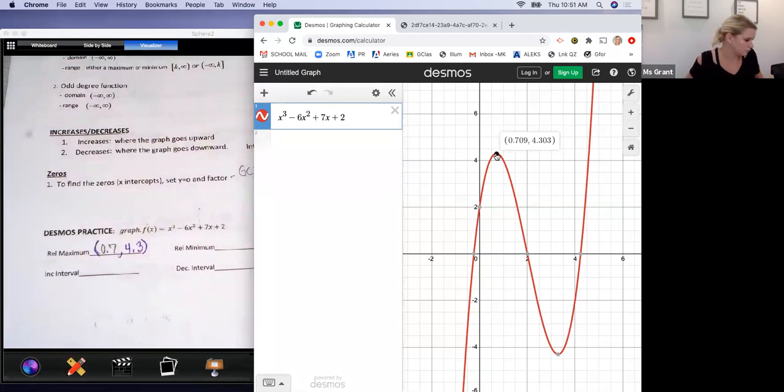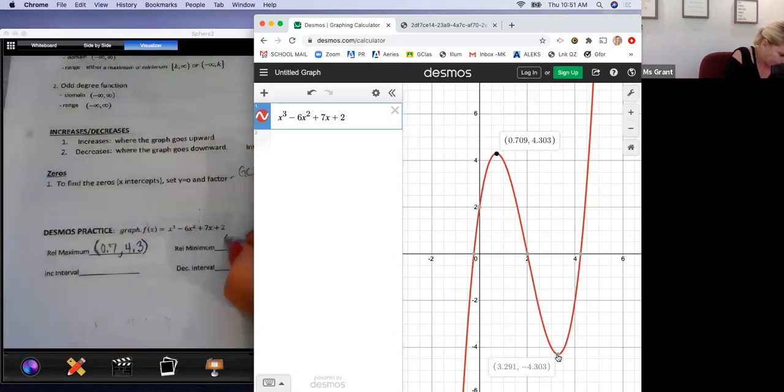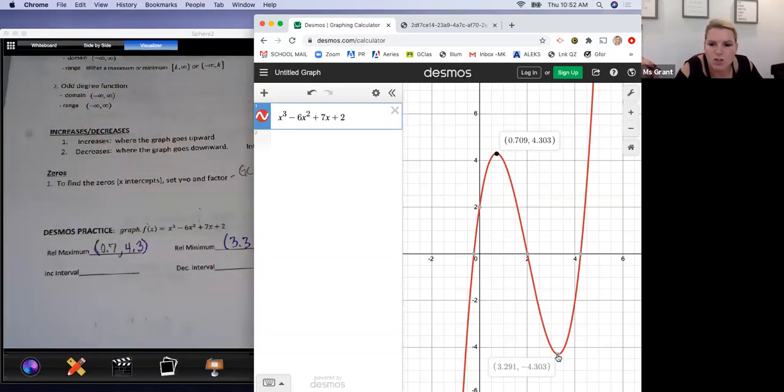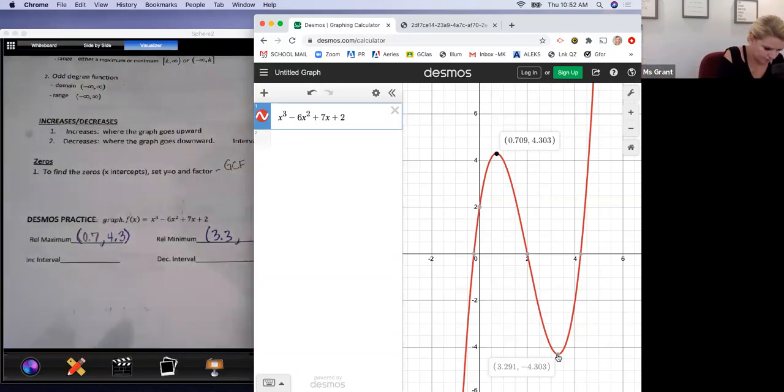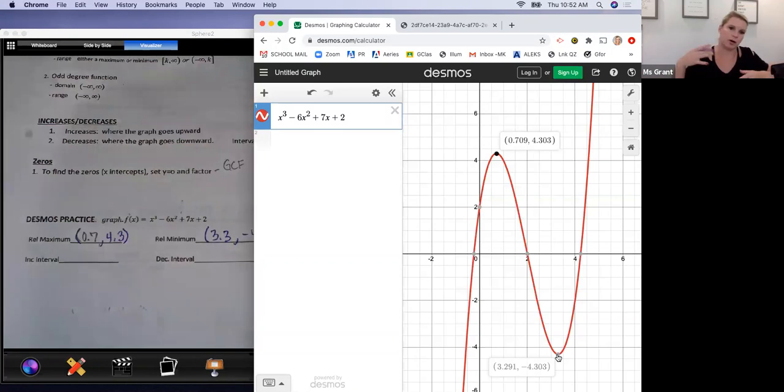My minimum, where's my low turning point? Turning point right here. 3.29, guys, just make it 3.3, that's fine. And negative 4.3. This is my minimum. These are both turning points. Maximum, relative maximum turning point. Relative minimum turning point.